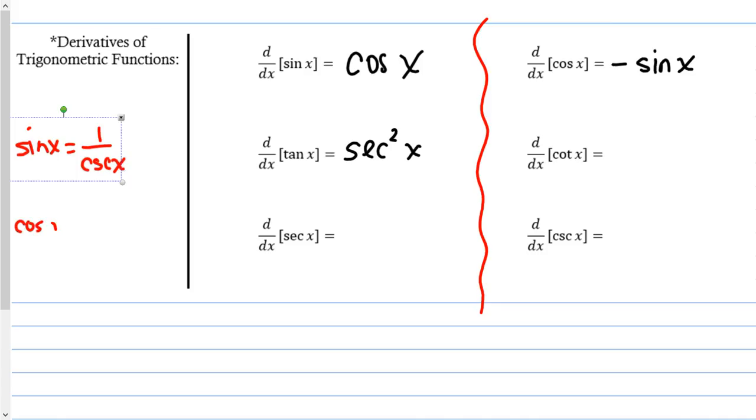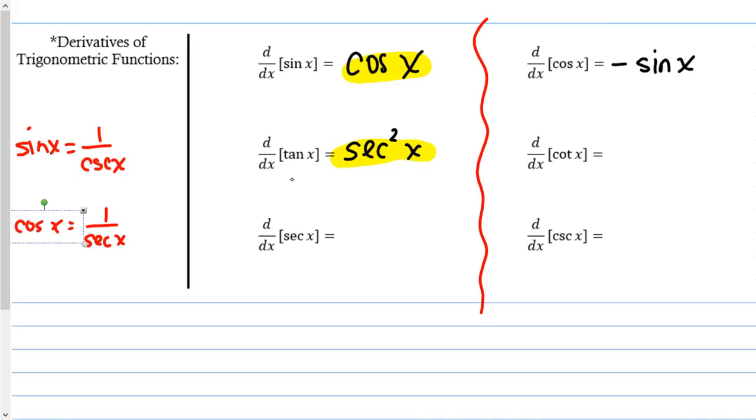Cosine is the same as 1 over secant. If you look at the derivatives here, let me get a highlighter. So cosine is the reciprocal of secant, right? So I wrote these out in columns so that they're somewhat related.